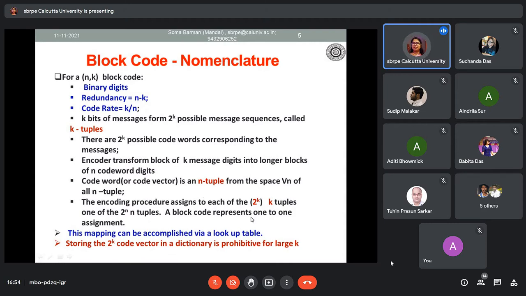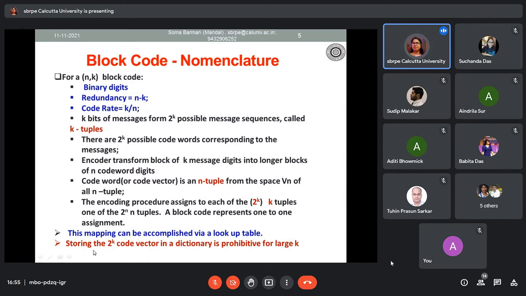So this 2 to the power k message sequences have to be stored. When you form the lookup table, the 2 to the power k message sequences are uniquely represented from the 2 to the power n code word sequences. If I say there are 3 message bits, 2 to the power 3 means 8 message sequences, and you are adding 1 parity bit to form a code word.